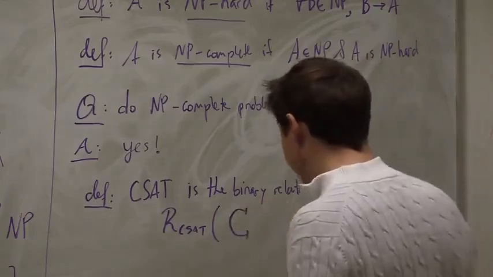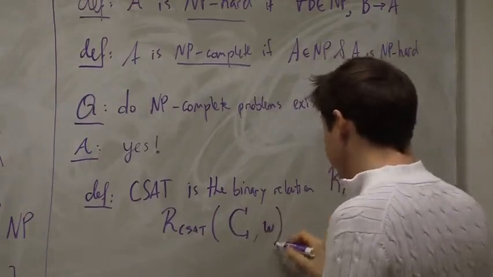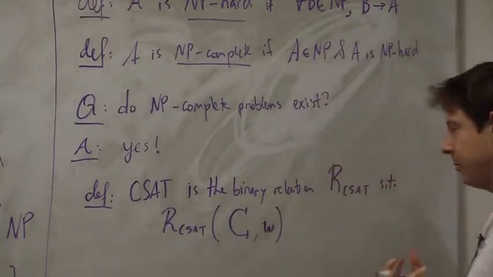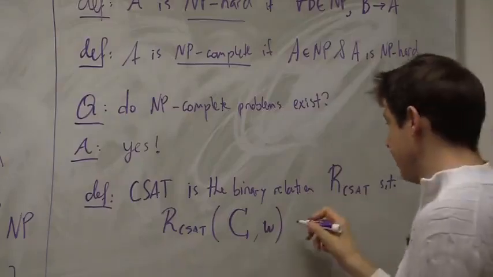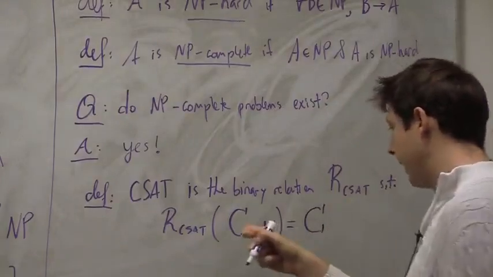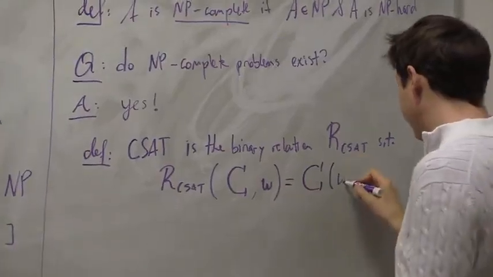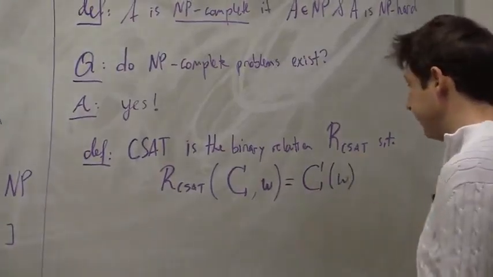It's going to be a Boolean circuit. We defined Boolean circuits last time. An input for it, well, last time we hard-coded the inputs into the Boolean circuit, but we can consider it as a separate object. And an instance X and a witness W is in the relation if C of W equals 1.